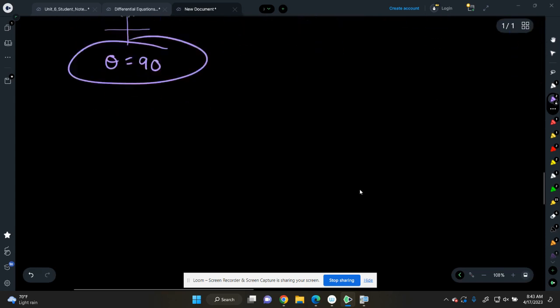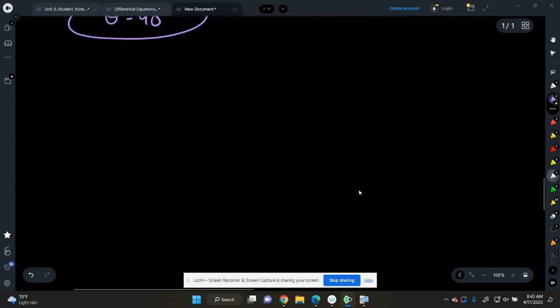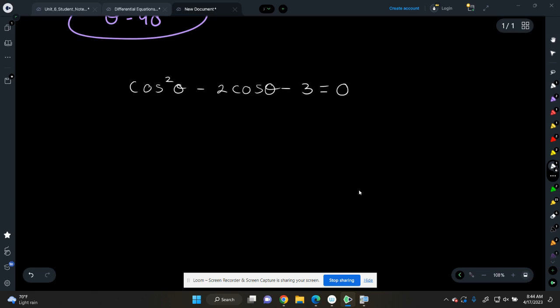All right, let's look at number 10 on that worksheet. So we have cosine squared theta minus 2 cosine theta minus 3 equals 0. What do you think? It's quadratic. It's cosine theta plus 1 times cosine theta minus 3.